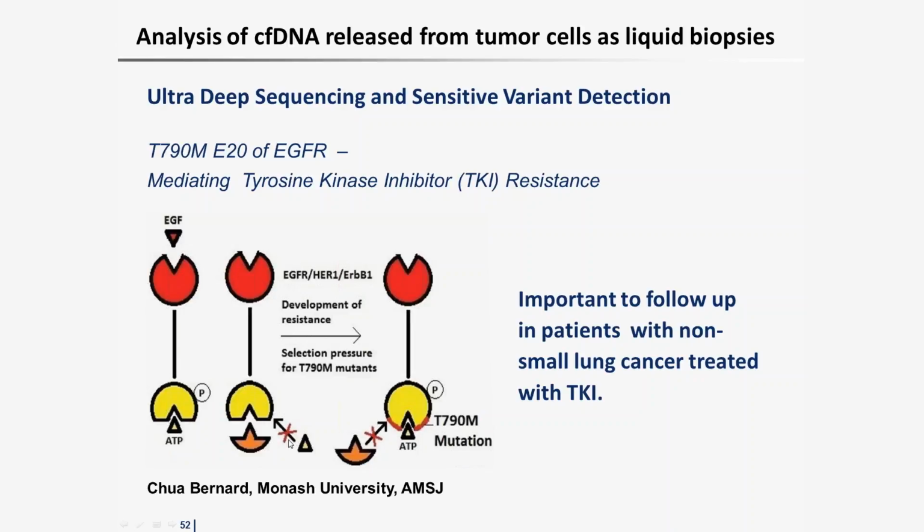Under the tyrosine kinase inhibitor therapy pressure, the T790M mutation is often expanding, and for its early detection, a close follow-up of the patients is necessary.